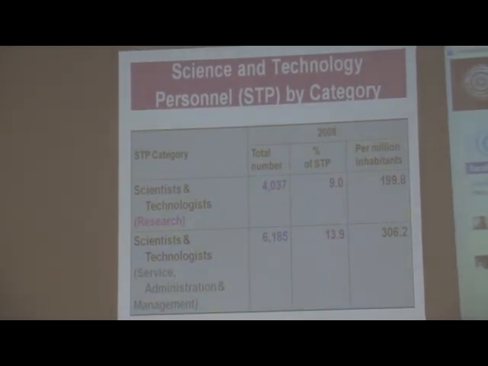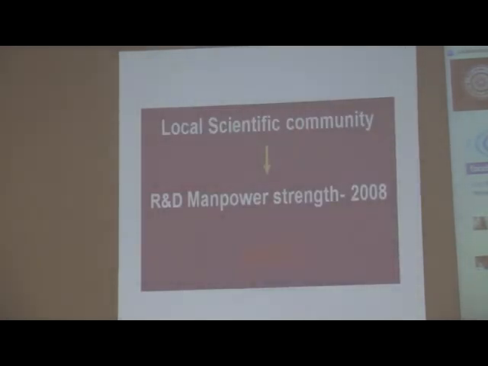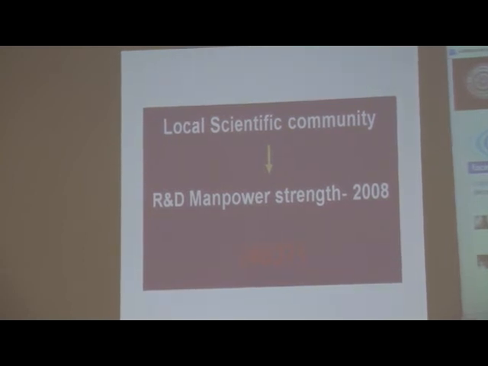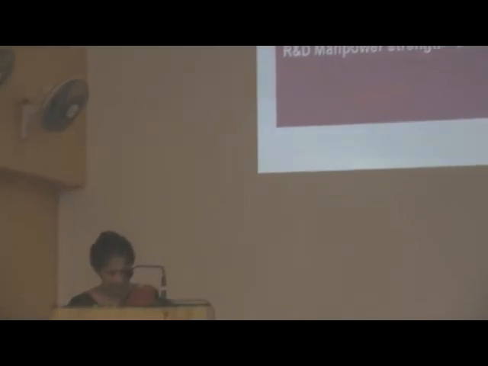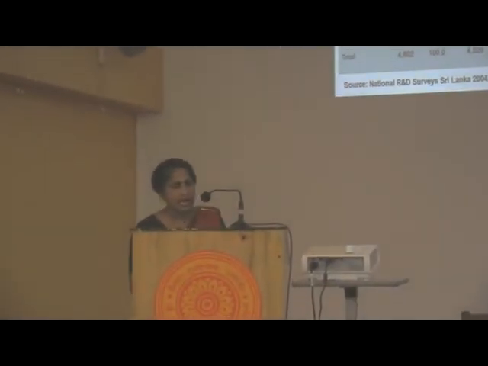Science and technology personnel by category. As you see here, out of that total of 10,000, research involved is only 39%, the administration or services 60.9%. Then the local scientific community, remember this figure, R&D manpower strength is 4,037.